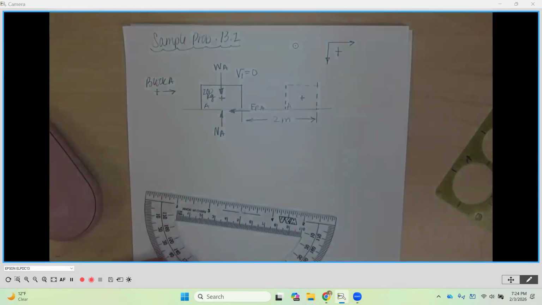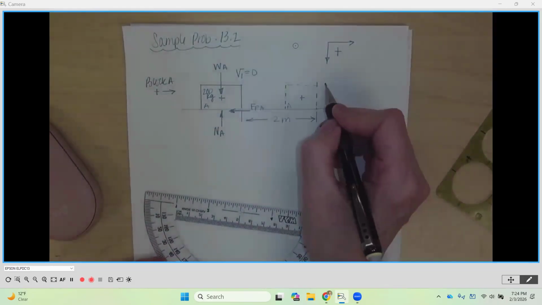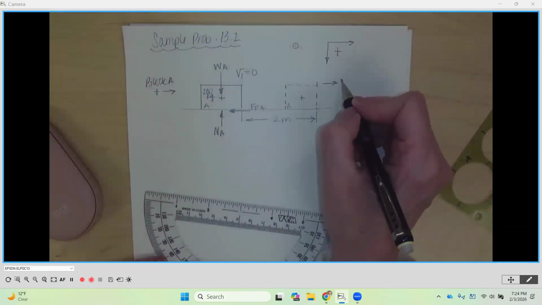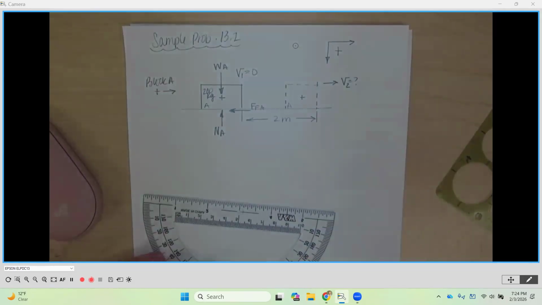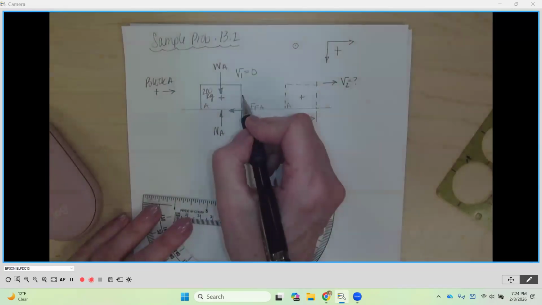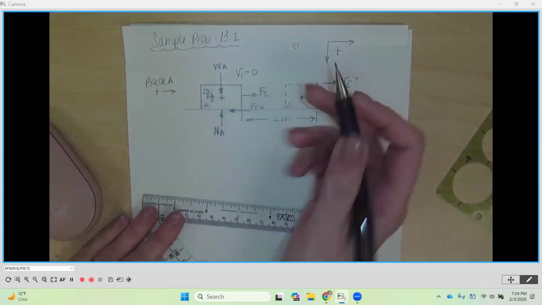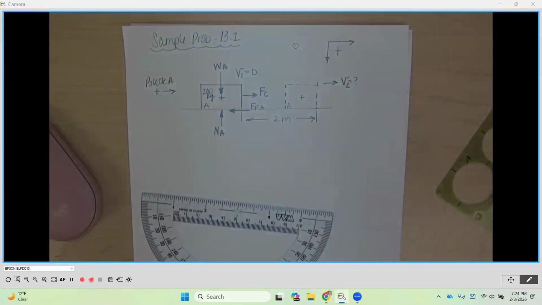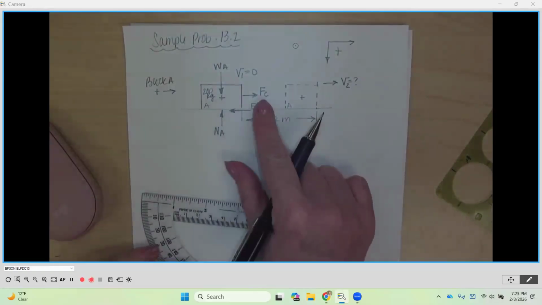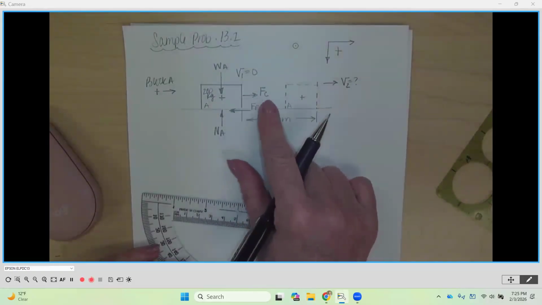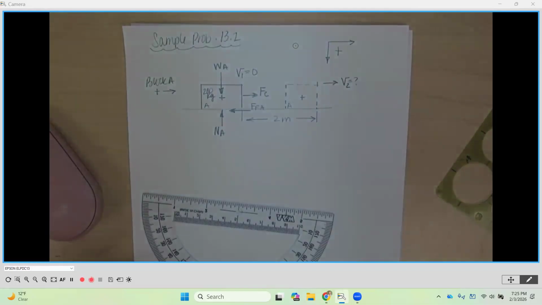It's starting from rest. And after it's gone 2 meters, we want to find out what is that velocity. That's the problem, right? We want to know how fast that's going. We're going to call that velocity 2. And then additionally, there is a force along that cable that connects it to block B. So we're going to call this the force in the cable, and that's pulling block A to the right, okay, in the state that it's at right now.